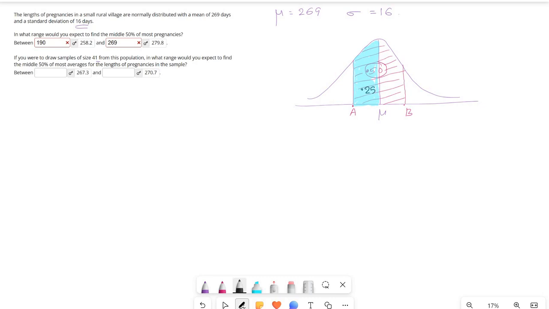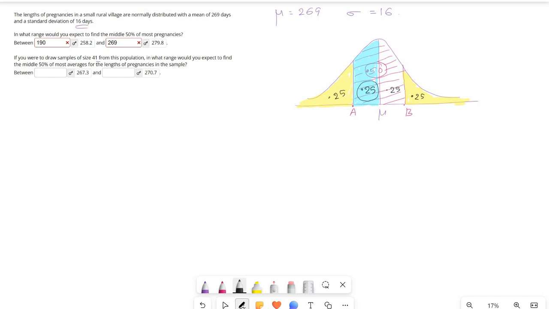The total area under the curve is 1, so the remaining tails are 25% each. Altogether the left half is 25 plus 25, and the right half is divided again into the upper 25 and another 25.